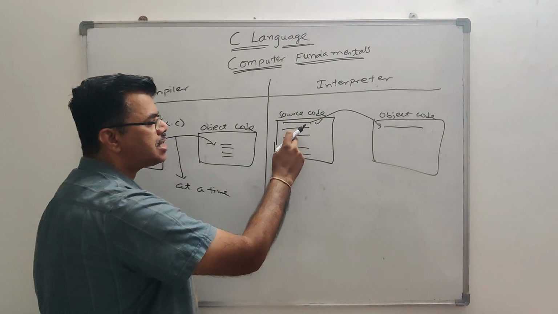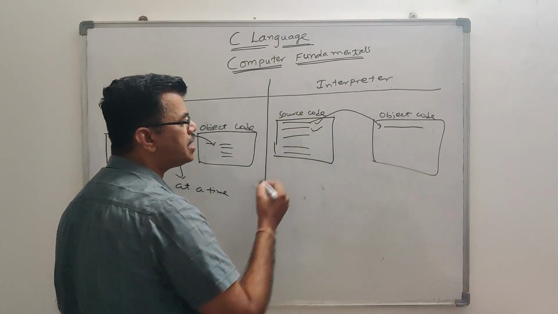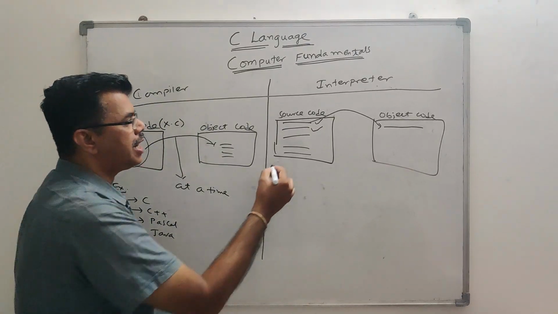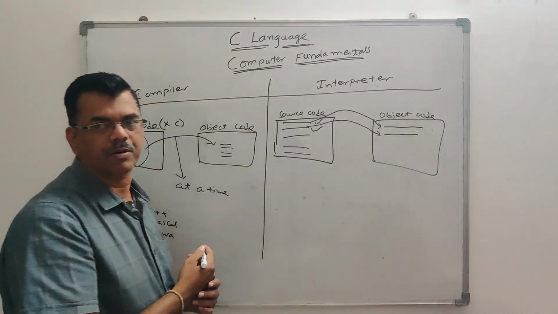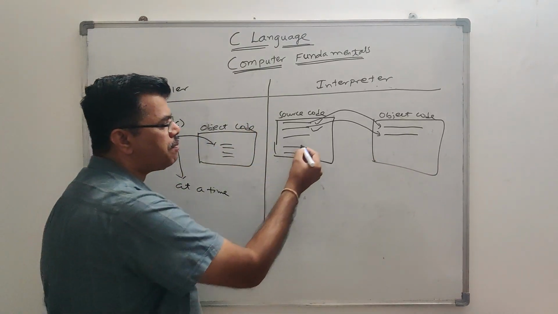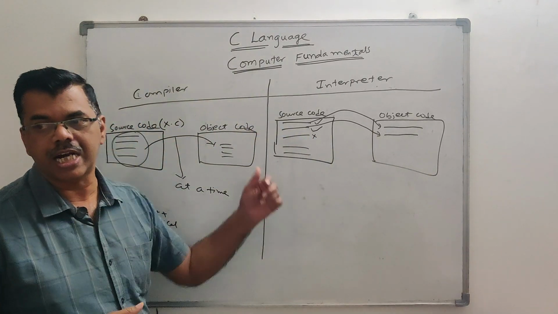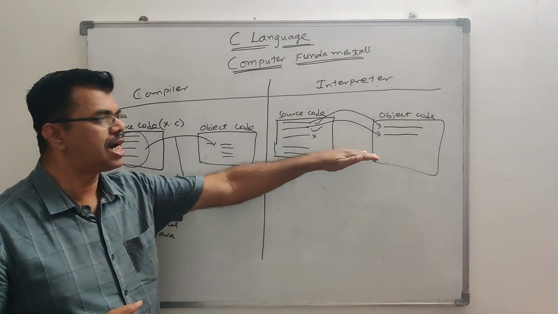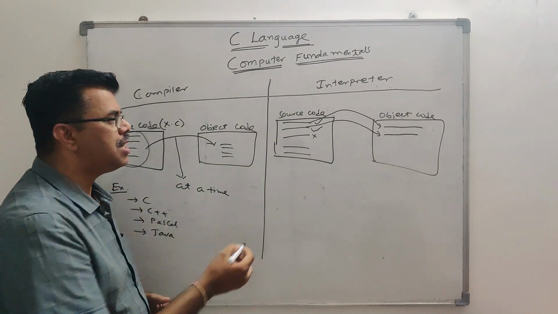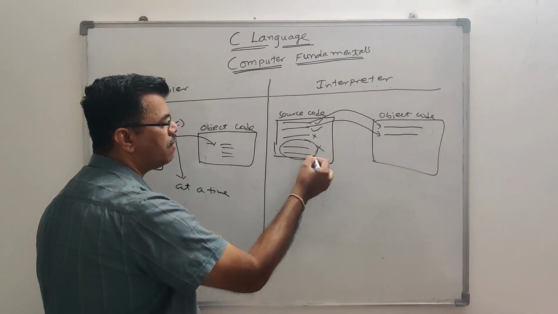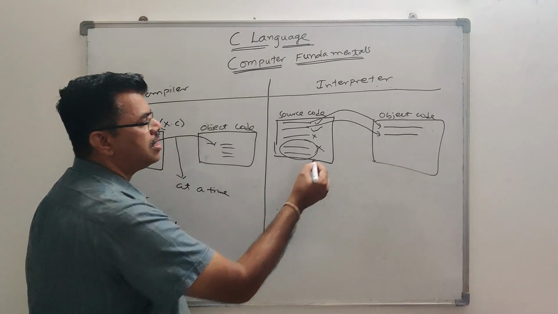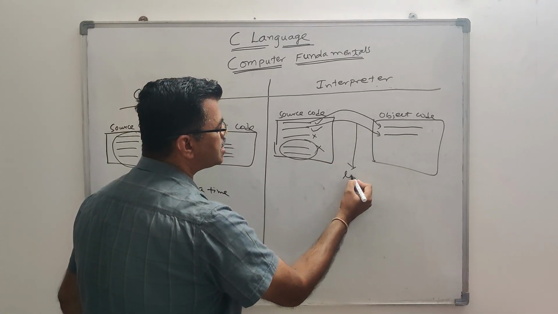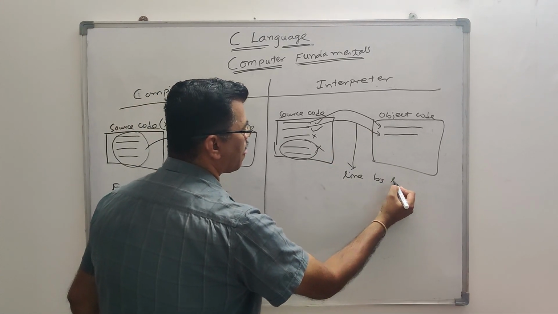Then it checks the second statement. The second statement also has no error, so it is also converted into object code. The third statement has an error, so it will not get converted. It means the remaining piece of code will not be converted. It stops here only. So the interpreter works line by line.